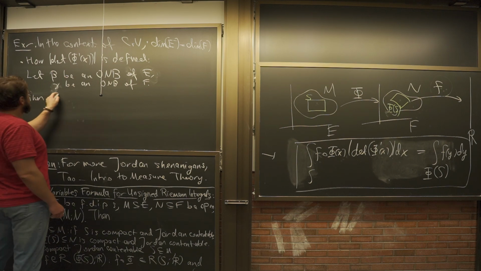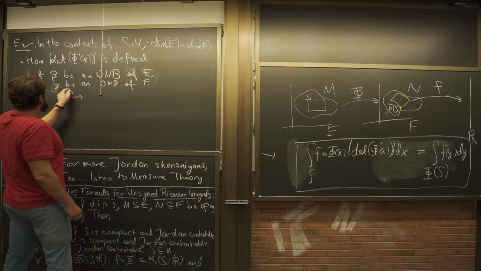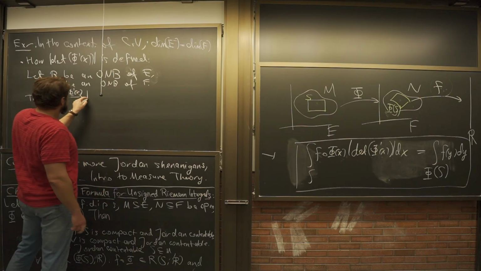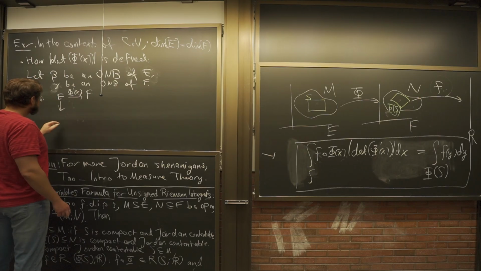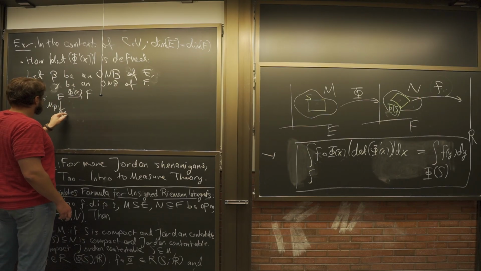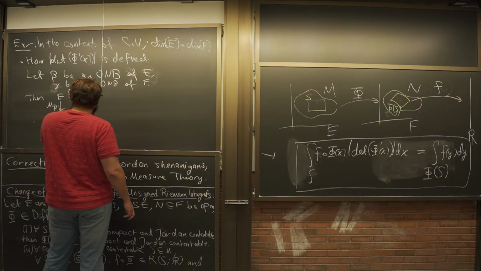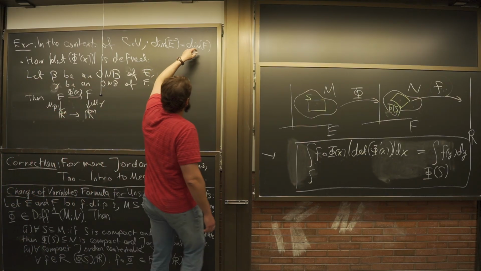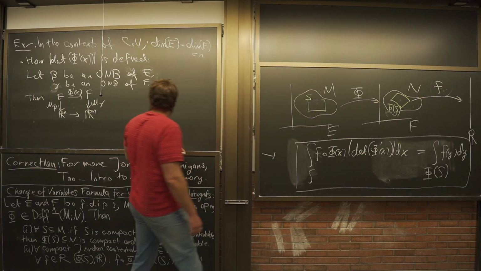Then writing our diagram, we have here this. Let's say that they have the same dimension, which is n.